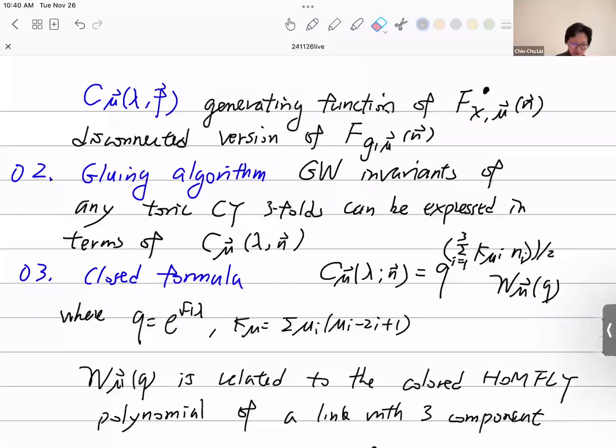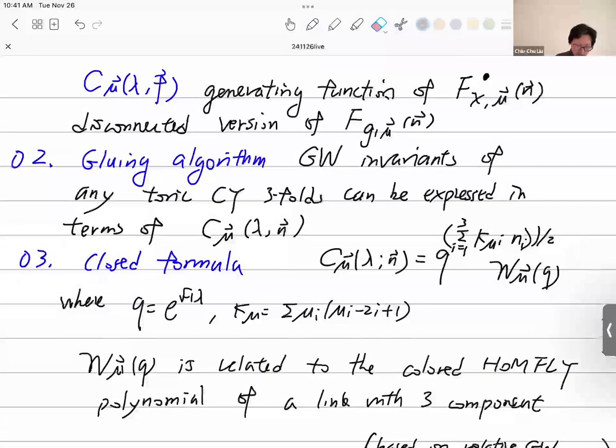And then the gluing axiom says that we have this generating function of open Gromov-Witten invariance for each copy of C3, and the Gromov-Witten invariance of the whole thing can be obtained by gluing this generating function of open Gromov-Witten invariance.